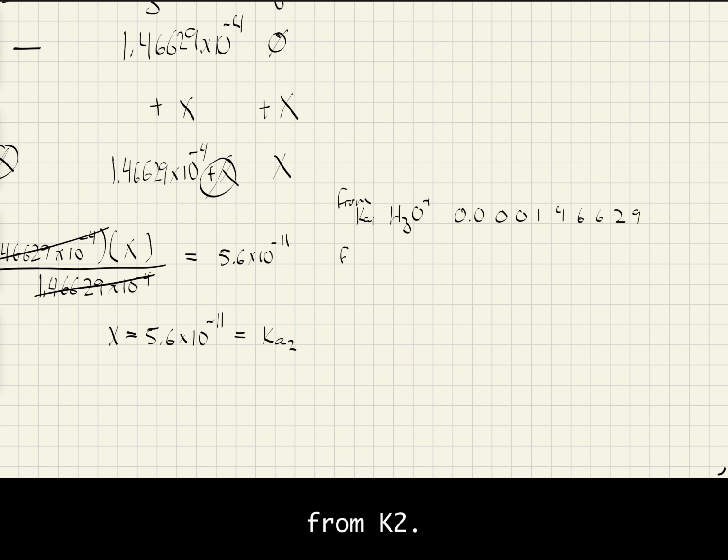From Ka2, the H3O plus is, well, I'm adding this X, 0.0000000456.